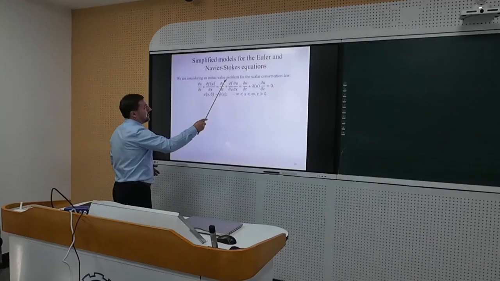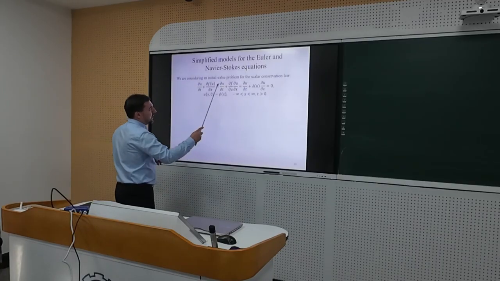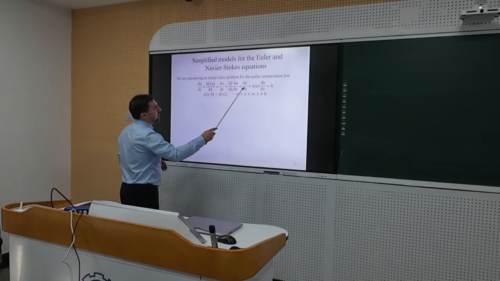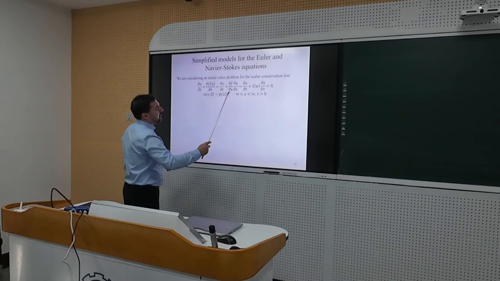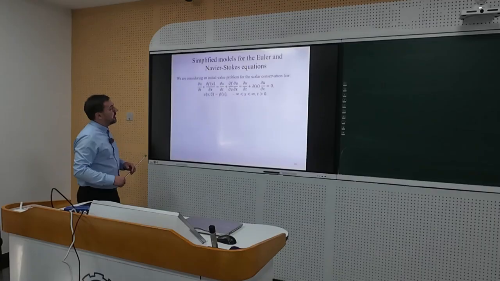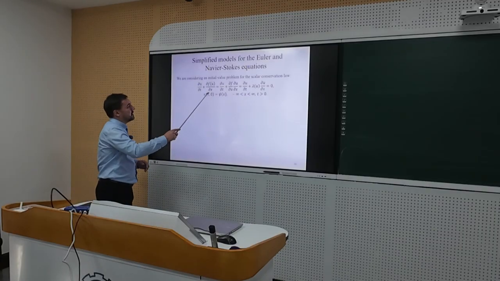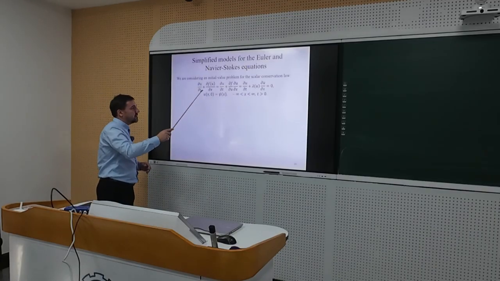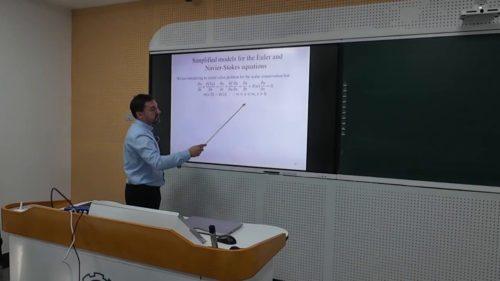And this df over du, in some books, is called a of u or lambda of u. This is the speed of propagation of a signal. This form is called conservation form, and this form is called quasi-linear form.